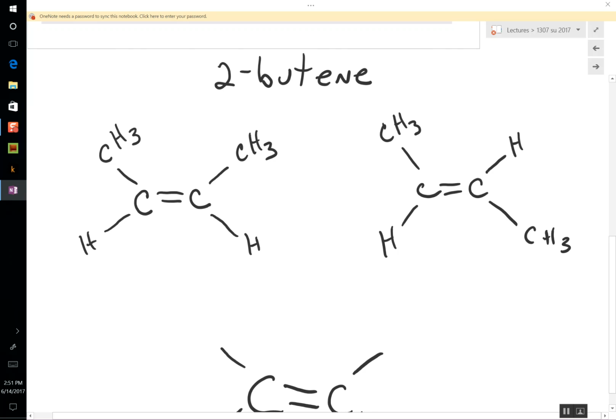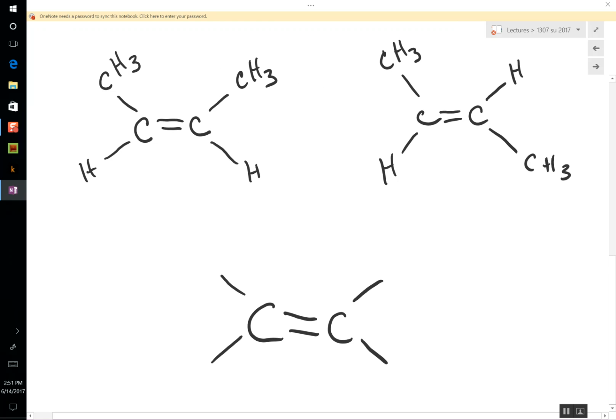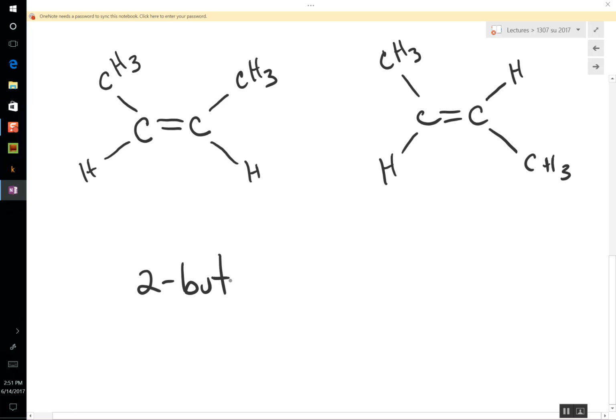That's that molecule. So we have to distinguish these, what are geometric. It's just the geometrical shape of the molecule that is fixed. So I'm going to get this out of here. So this is 2-butene. This is 2-butene.